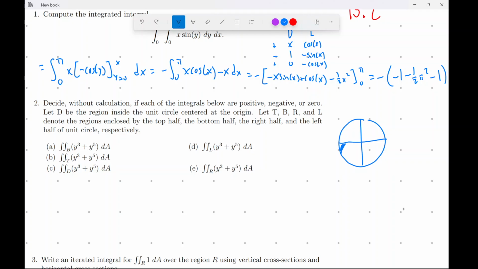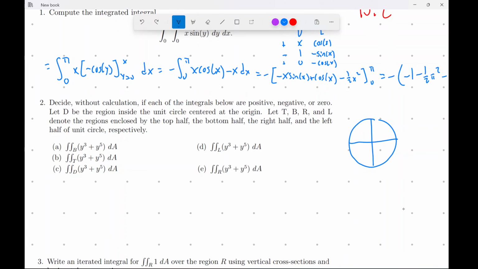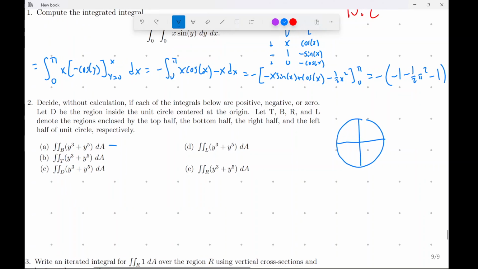In the bottom half we're in this region, and so what we want to ask ourselves is, when we're in that region, is y cubed positive or negative, and is y to the 5th positive or negative? If we're in this bottom half, y is always negative, and so y cubed and y to the 5th are always negative, and if we integrate a negative function, we're going to get something negative. So that one's going to be negative.